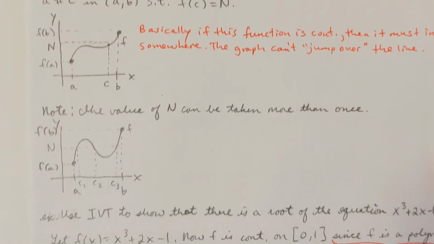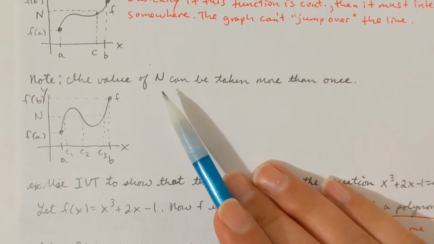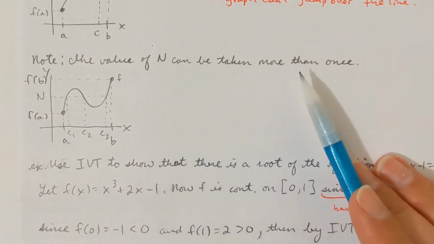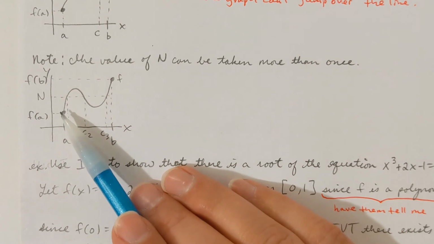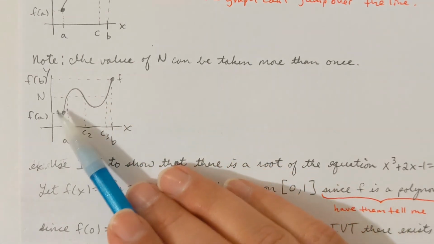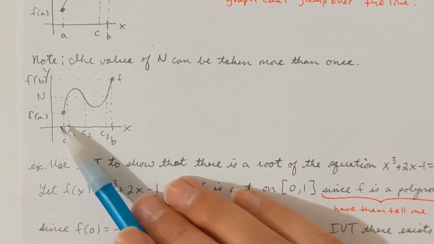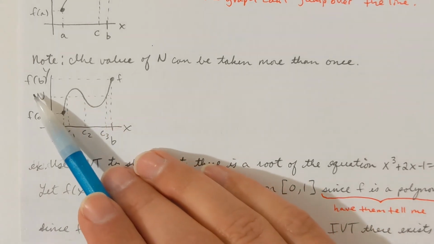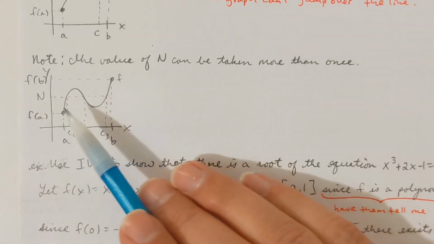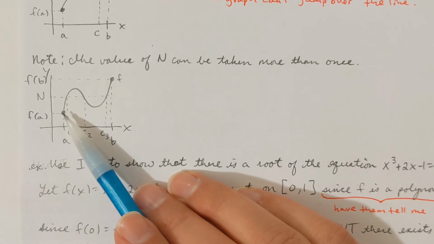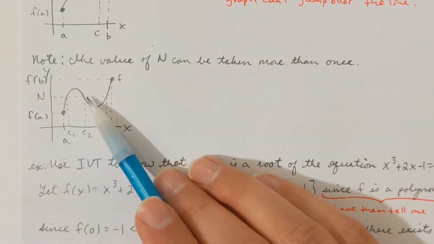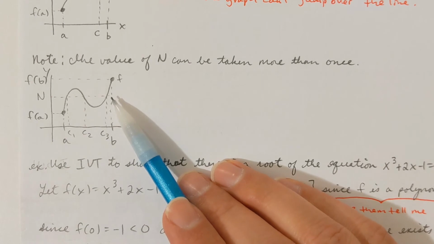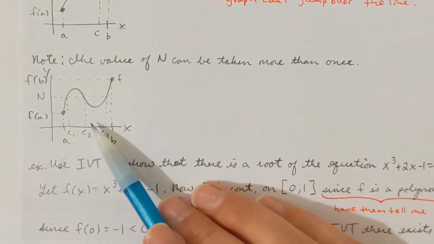Now, the value n that we're describing here can be taken on more than once. So here's a situation where you've got a function that's twisting and turning more. Here's a, here's b, here's y equals n. If I go from the point a, f of a to b, f of b, notice how I'm going to cross this horizontal line y equals n three times.